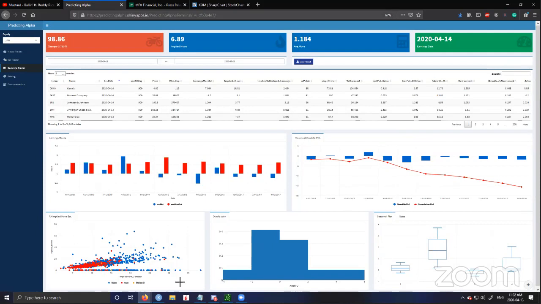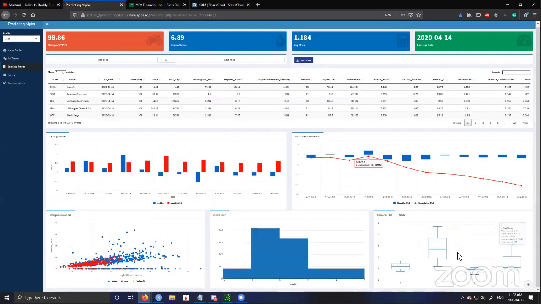There's not much more to talk about here. Implied move is high. It's never moved more than 6% ever. The highest move was 4.7. There are no seasonal problems here.